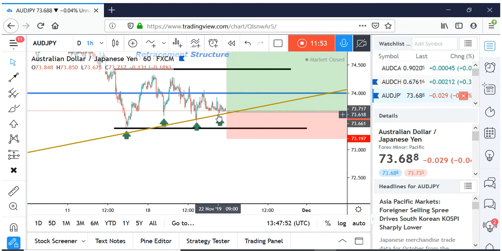Okay, so this is how the banks manipulate the market, deceiving us, the retail traders, taking our hard-earned money. So this is why it's difficult for people to be consistent in the forex market, because the banks deceive us.